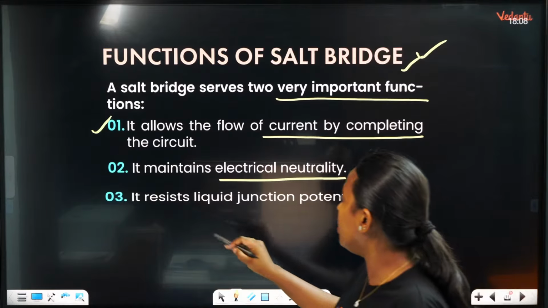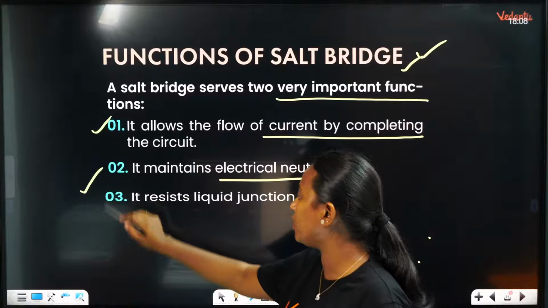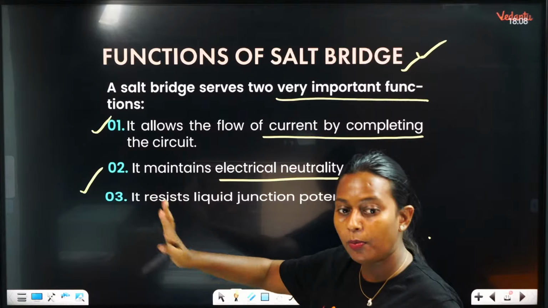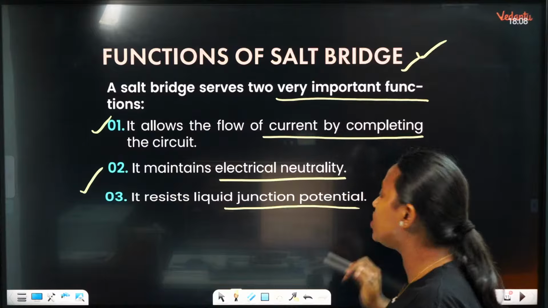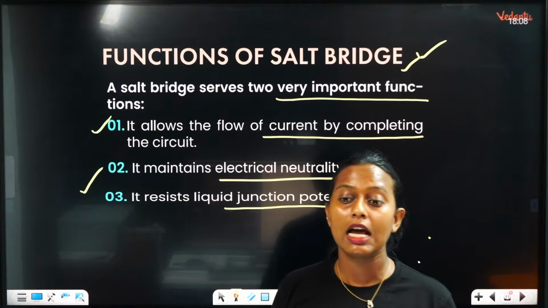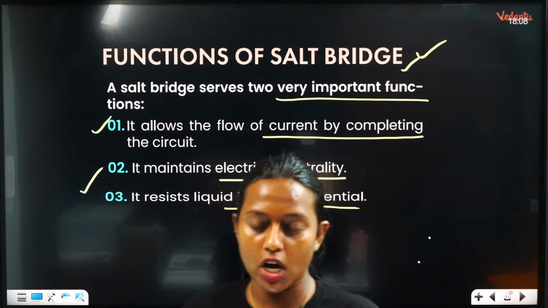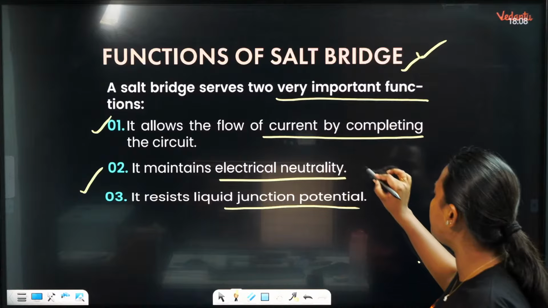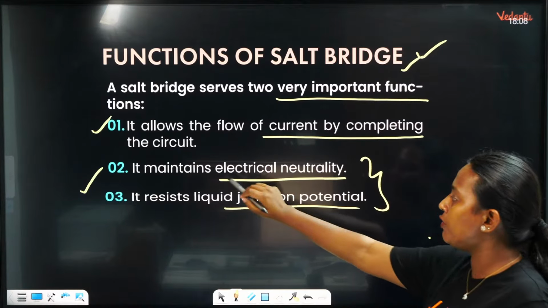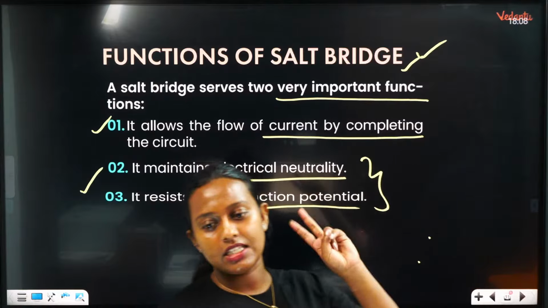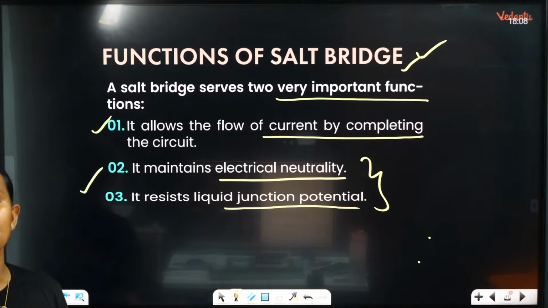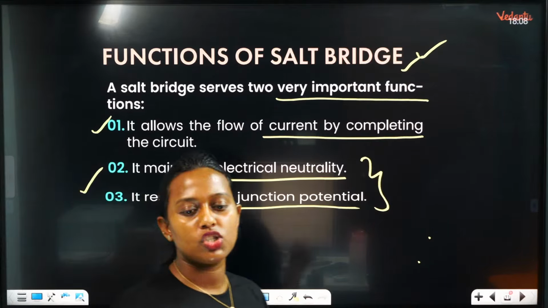There is a big difference in the mobility. And it resists liquid junction potential. These are the two main important points: first, it will maintain electrical neutrality, and second, it resists liquid junction potential.